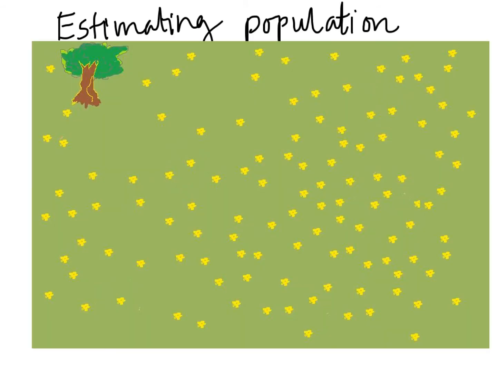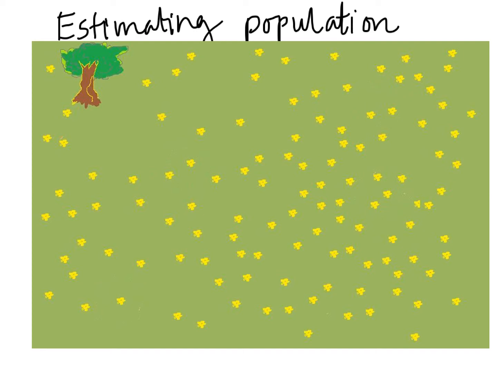Let's have a look at an example of how to estimate population. In this case, we'll look at the population of daffodils in this field, which is its habitat. As I said earlier, we're going to be using quadrats to estimate, but we'll also be using some mathematical terms such as mean, which is the same as average.